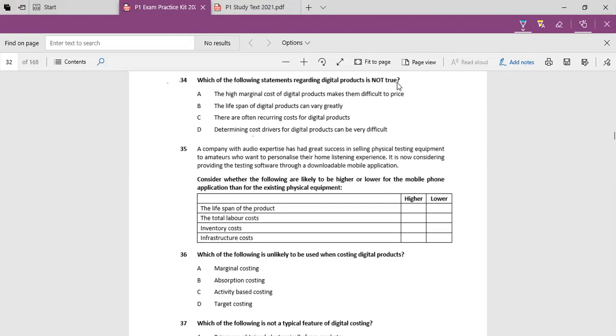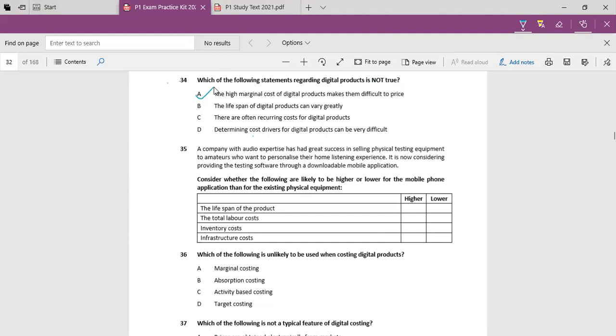The high marginal cost of digital products makes them difficult to price. The lifespan of digital products can vary greatly. There are often recurring costs for digital products. Determining cost drivers for digital products can be very difficult. Which is not true? What do you think is the correct one? A is the one because virtually the marginal cost is zero in case of digital products.